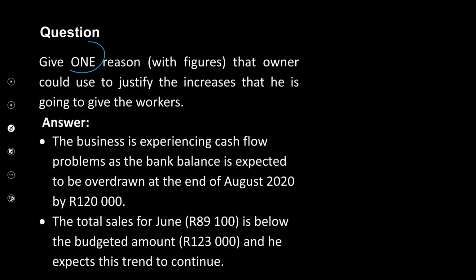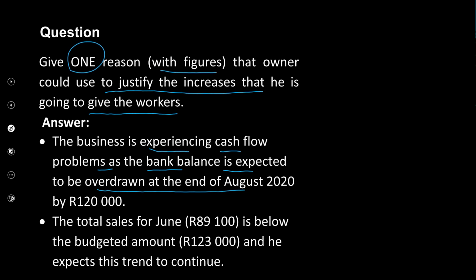Give one reason with figures that the owner could use to justify the increases that he's giving to his workers. 1, the business is experiencing cash flow problems as the bank balance is expected to be overdrawn at the end of August by 120,000.